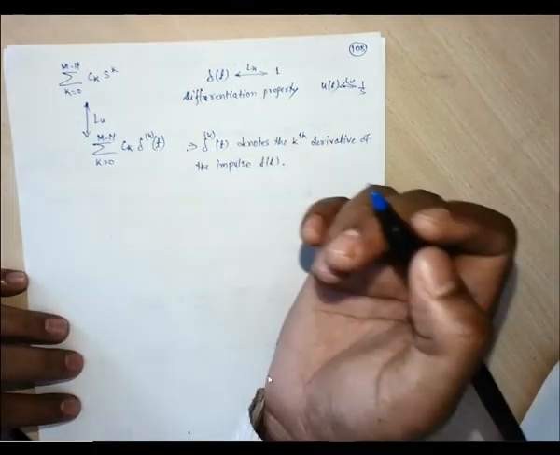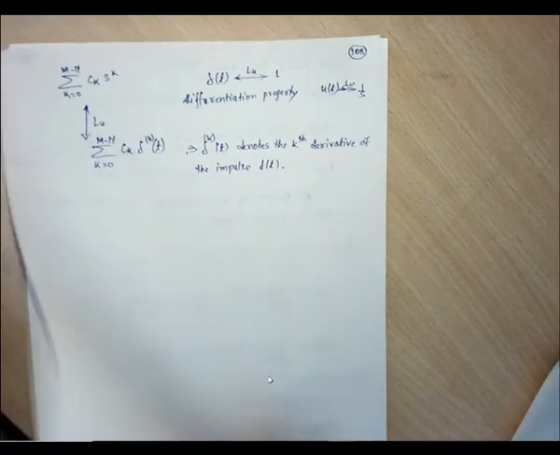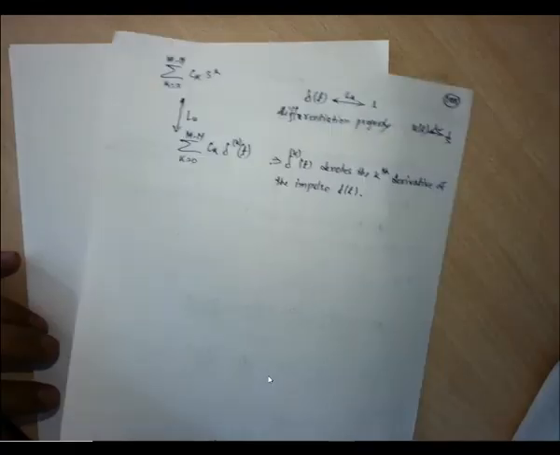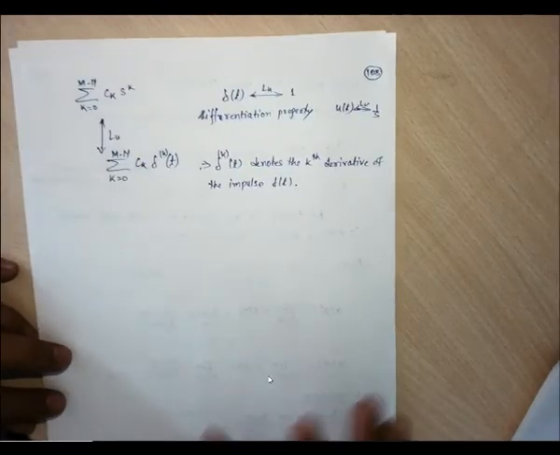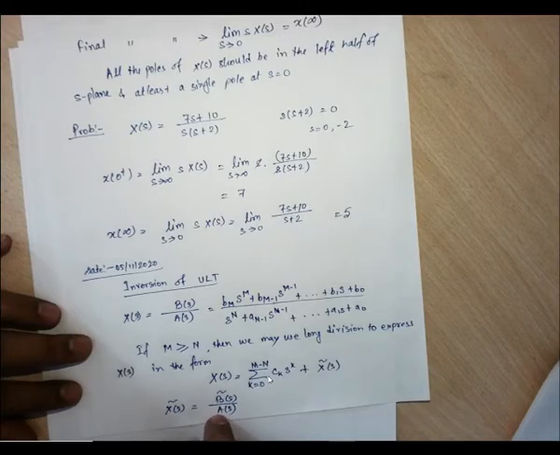The denominator polynomial as a product of the poles. So this Xs, how can we write this Xs? It is Ps by As. So Ps has order lesser than the order of As, right?